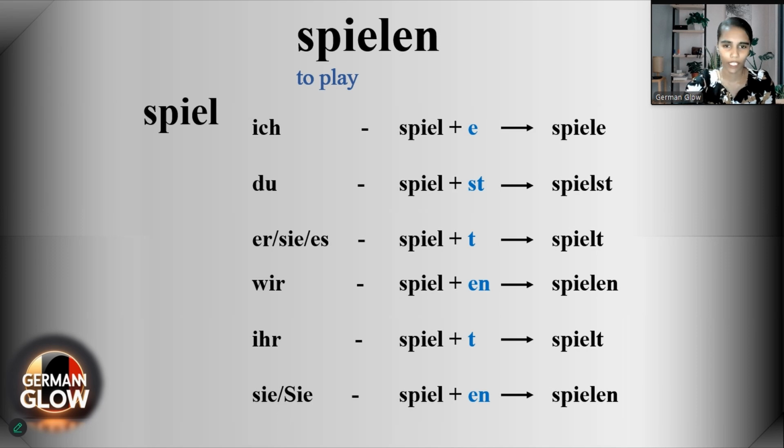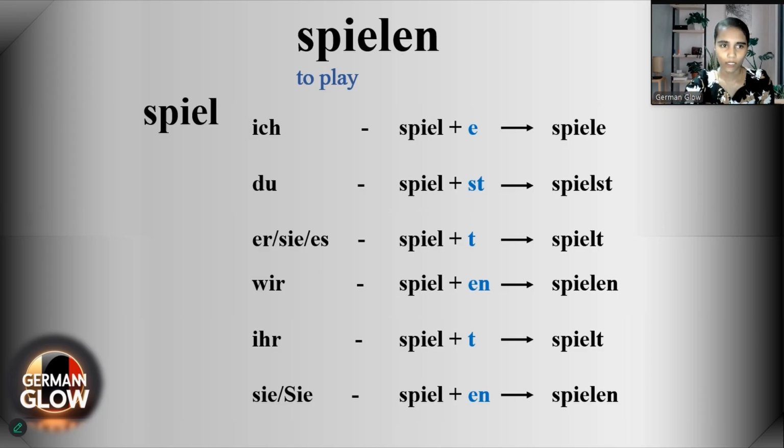Ich means I. Du means you, the informal way you can use with friends: spiel plus st, spielst. Er means he, sie means she, es means it: spiel plus t, spielt. Wir means we: spiel plus en, spielen.